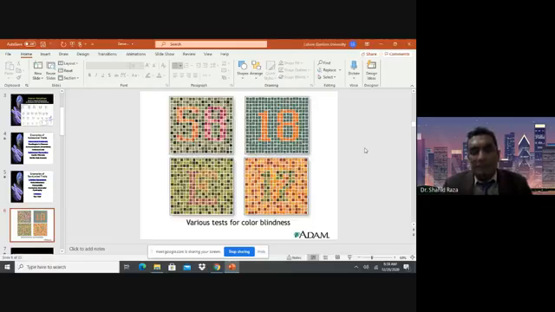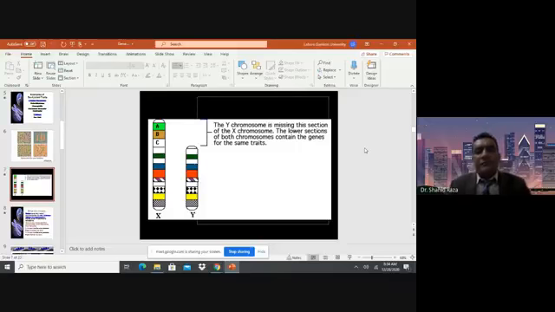The upper right picture shows 18, the lower left picture shows the letter E, and on the right side there is another picture showing a number. These are various tests for color blindness.